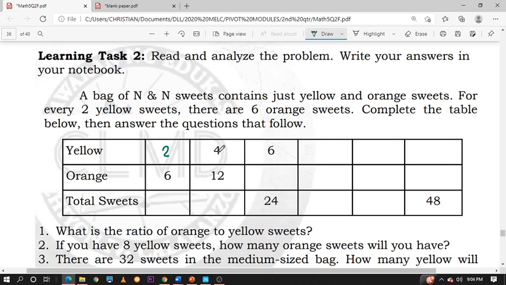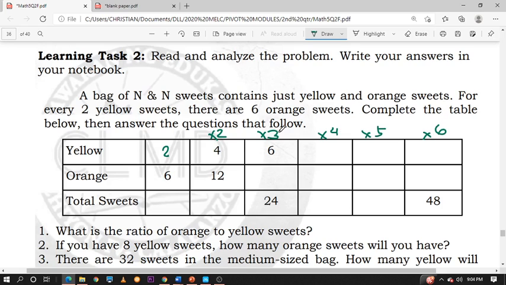Pag tinimes naman natin siya sa 3, magiging 6. So, ito ay times 2. Ito ay times 3, and so on. So, ito ay times 4. Ito ay times 5. Ito ay times 6.